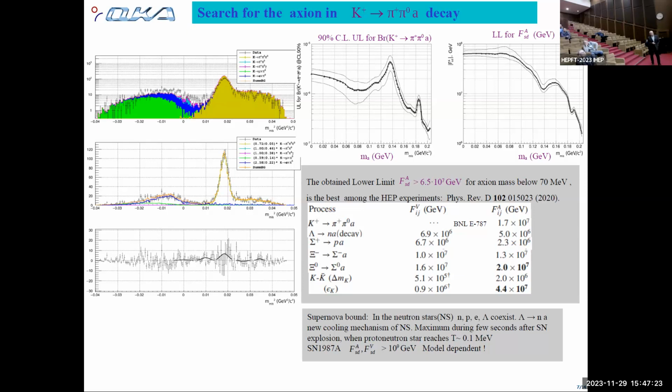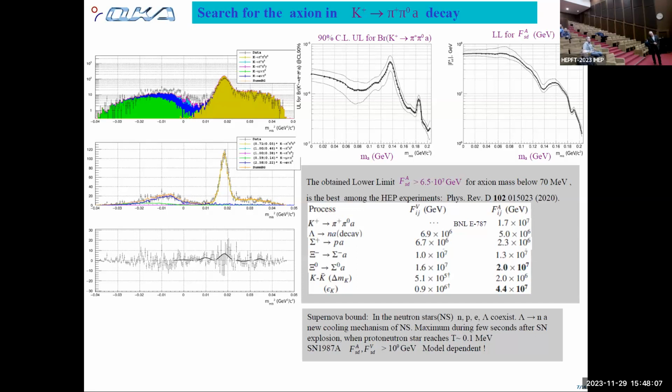So we can put upper limit on the branching of this decay, and it's done by adding to the fit a model of the width of the signal we know from Monte Carlo, and here you see how this fit looks like when it's actually applied to the difference of this plot, when you subtract background.